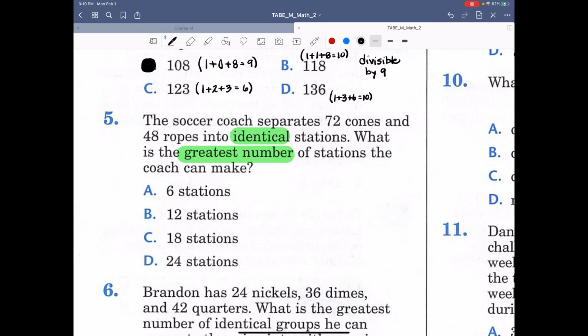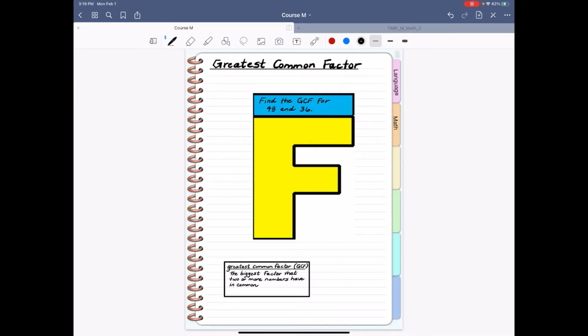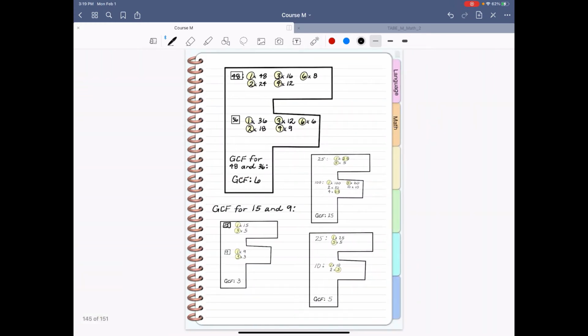So remember, when we see these keywords, we need to focus on the greatest something. The greatest common factor. Now, just because we learned it this way, bear with me, there it is. Remember, I taught you how to do those using this F. So this is a review lesson that we're working on.